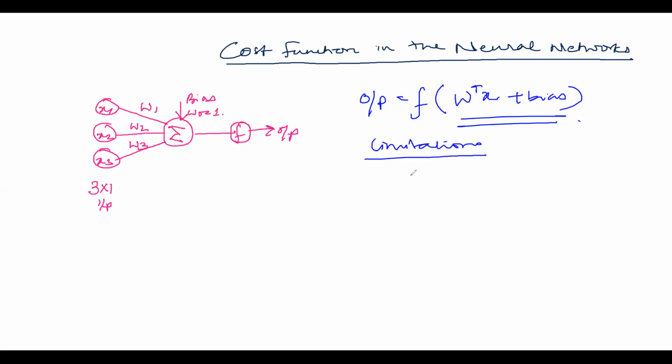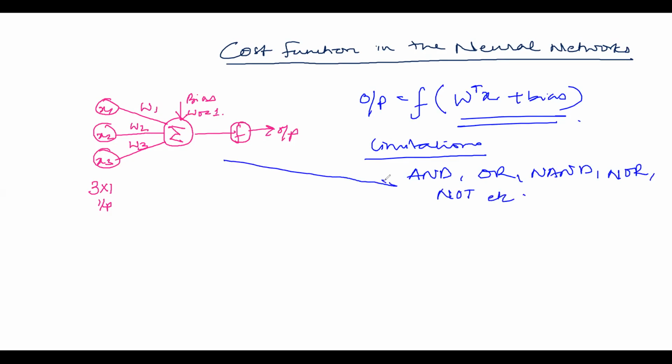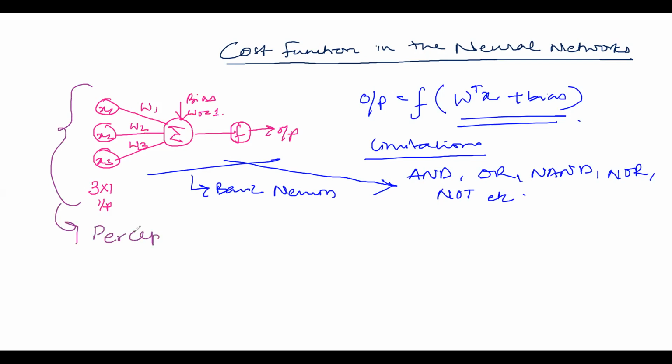If I want to solve any problem, let's say an AND problem, OR problem, NAND problem, NOR problem, NOT problem, etc., this neural network can fit it nicely. I mean to say, this basic neuron. The terminology given to this basic neuron is perceptron.